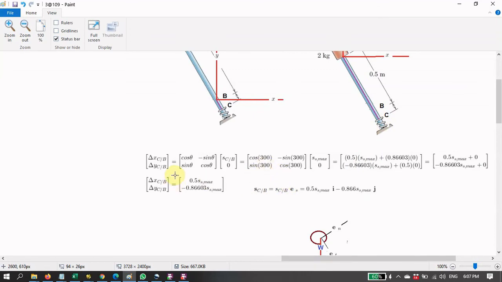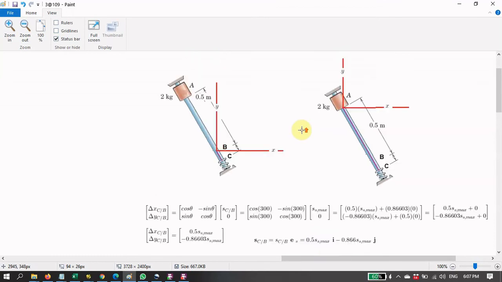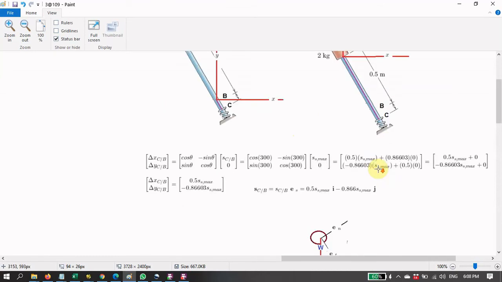From here, we evaluate the distance traveled from B to C. What I'm going to show you here is actually the total length, which is required by the particle to move from A to C.